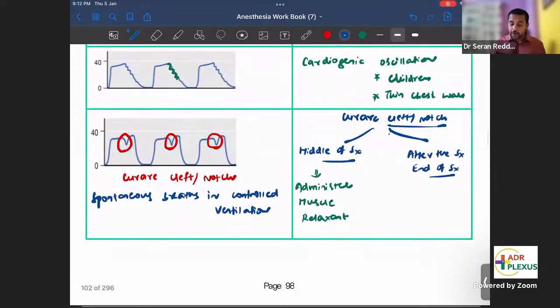So in this condition, you have to administer reversal agent. This is very, very important. Curare cleft or curare notch: what happens if it is in the middle of the surgery, or after or at the end of the surgery?